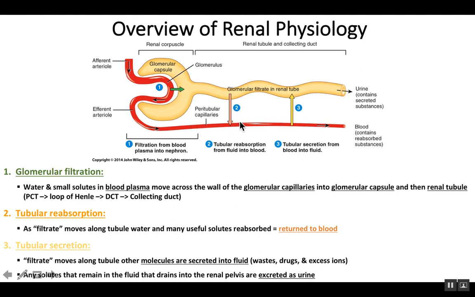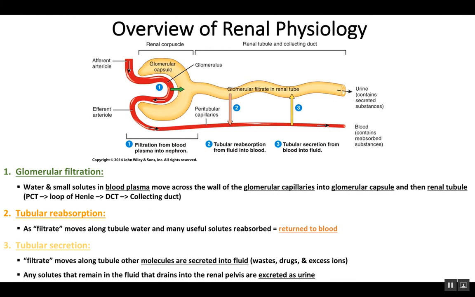This represents a peritubular capillary. Well, what if we didn't get rid of a waste when we filtered? There's another chance to get rid of it, and that's through the process of secretion. Secretion moves molecules from the blood into the tubule. It's another way we can get rid of waste or excessive amounts of solids.